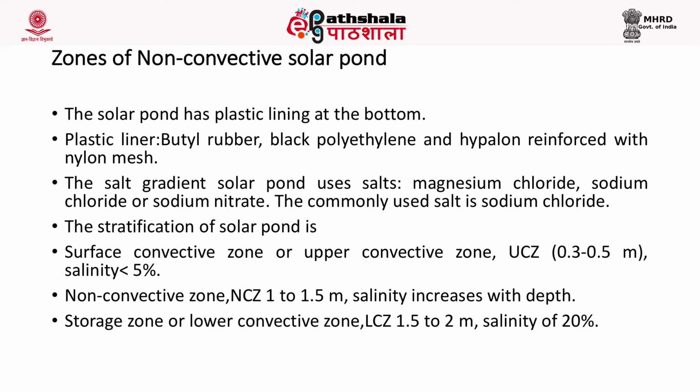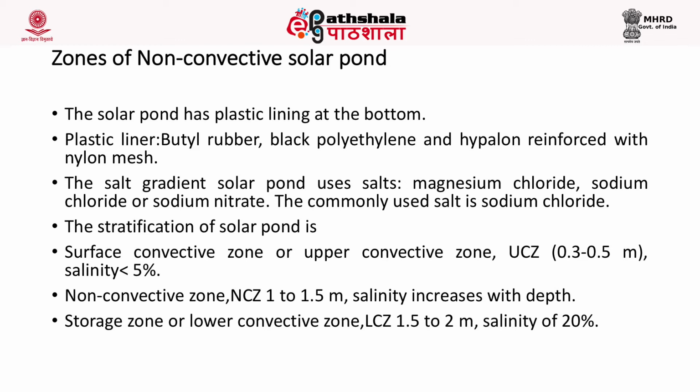The surface convective zone is of depth 0.3 to 0.5 meter and the salinity should be less than 5%. The non-convective zone is from 1 to 1.5 meter and the salinity increases with depth.